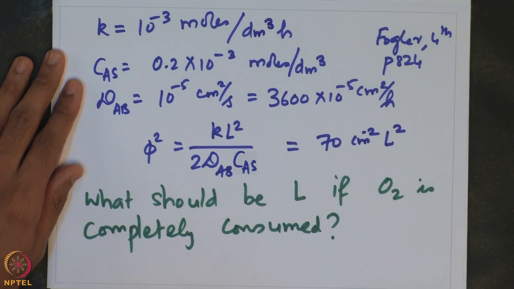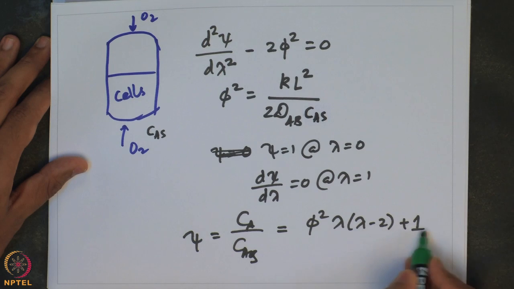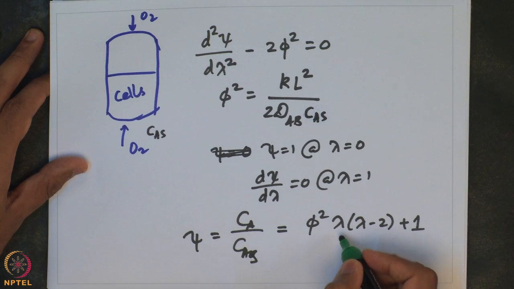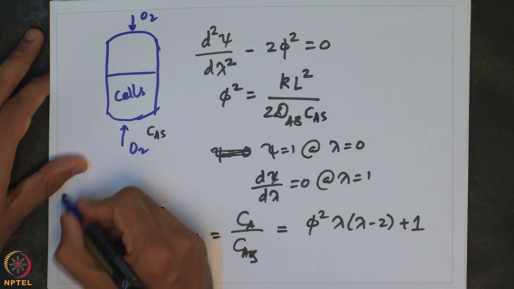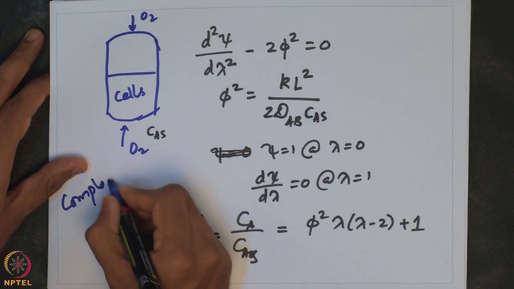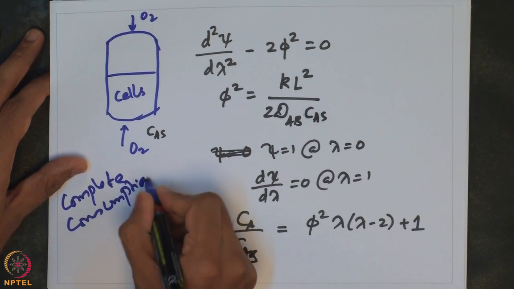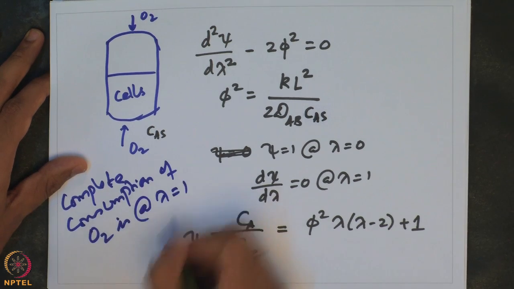We know the solution for this problem is psi equal to phi square lambda into lambda minus 2, plus 1, and if the oxygen has to go to complete consumption, then it means that the complete consumption of O2 happens at lambda equal to 1.